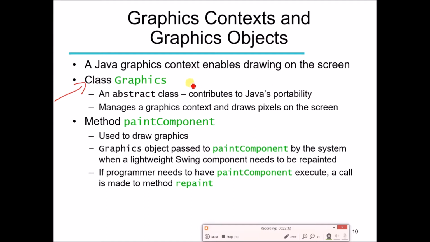With the same concept, we have a higher level class, the Graphics class, which provides some definitions for these methods. This class manages the graphics context and draws the pixels on the screen, actually through the classes which implement the methods. And there is a specific method which we are going to use very frequently.